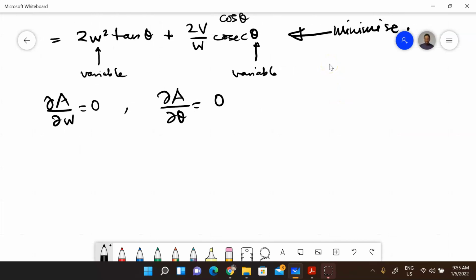So the first one is partial A partial W, that gives you 4W tangent theta minus 2V cosecant theta over W squared equals 0. So that's that.